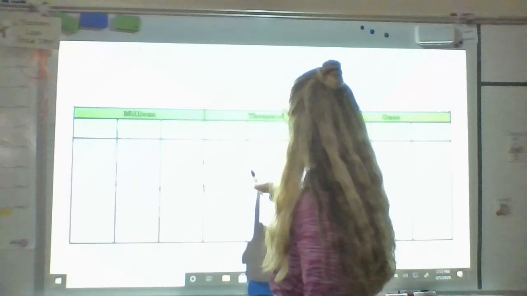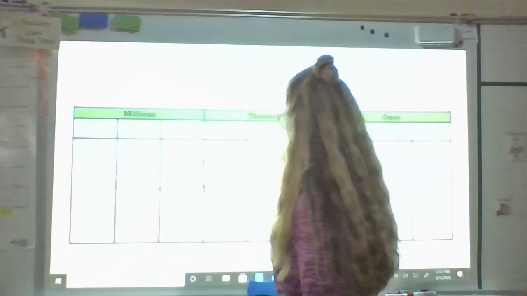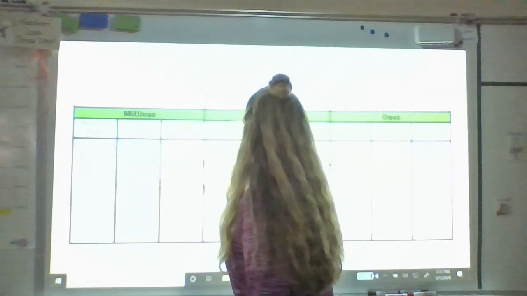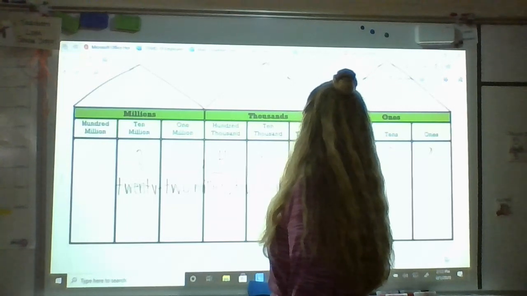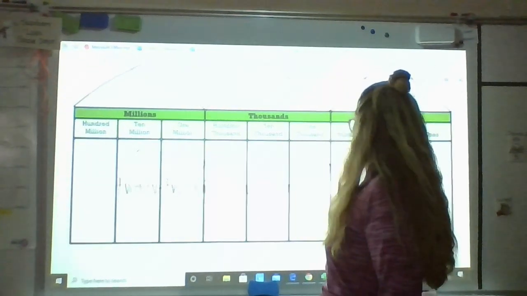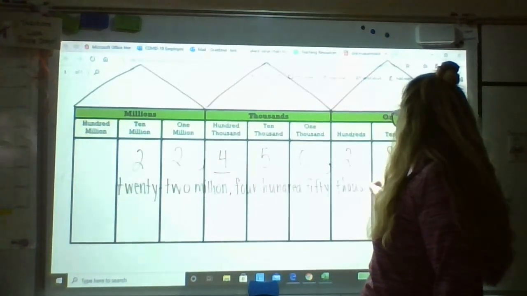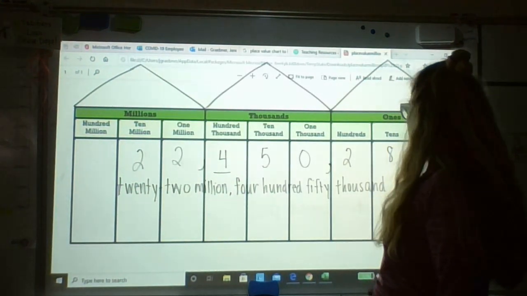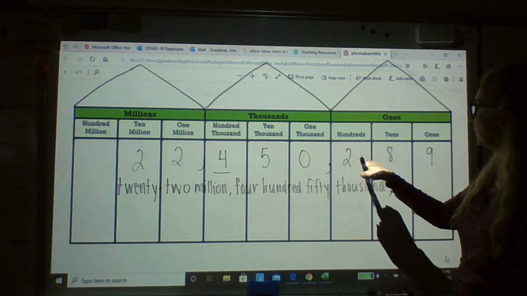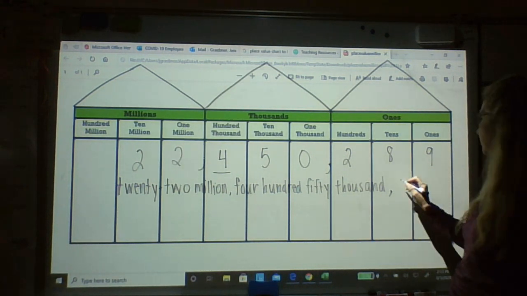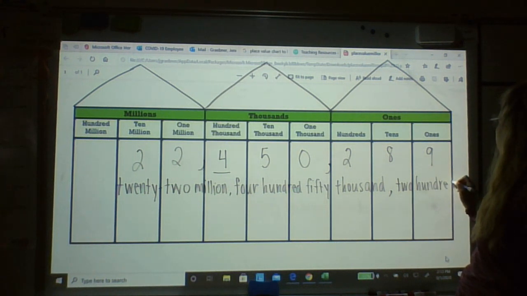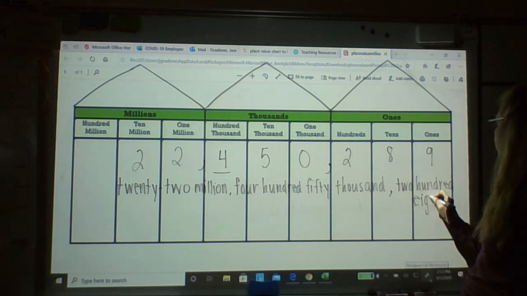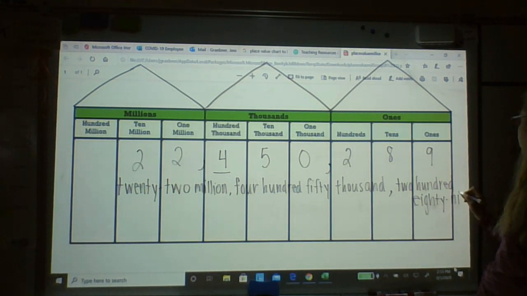Okay, now I have 450,000. I can read your letters, I can tell you what this is, it's all crunched together. Then I have 289. Beautiful, awesome job. That was a lot.